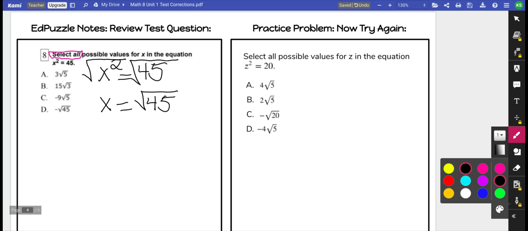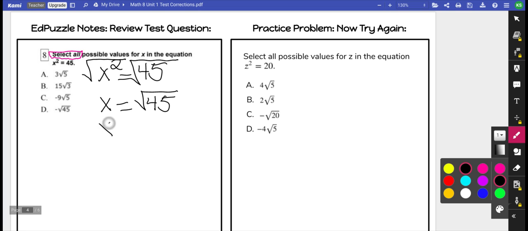I have the square root of 45, the opposite of the square root of 45. The opposite. So the square root of 45, if I square root it, I'm going to get a positive or a negative number because 2 positives multiplied together would equal a positive number, and 2 negatives multiplied together would equal a positive number.